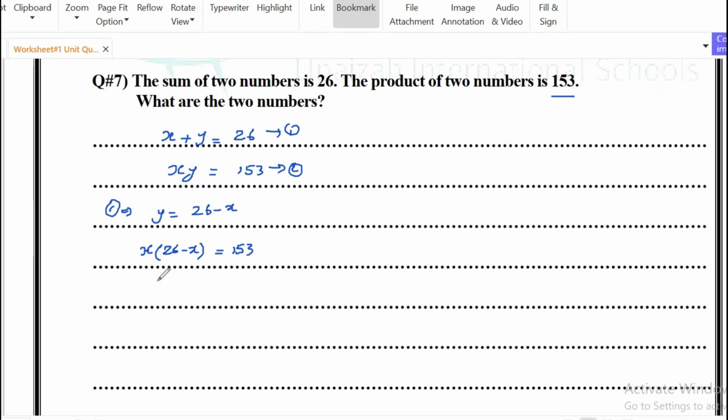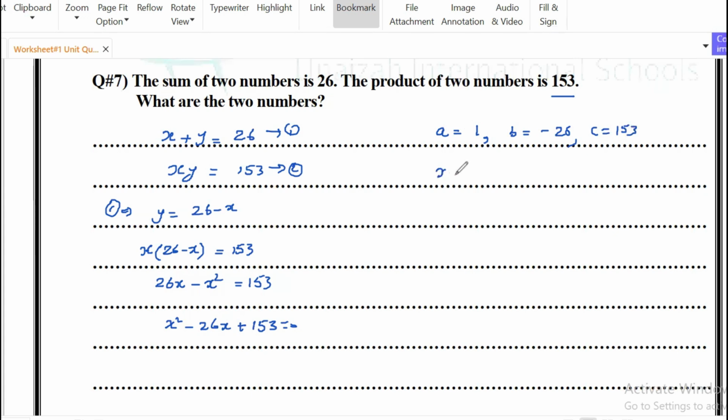And then multiply x inside, so it is 26x minus x squared is equal to 153. Take these to the other side, so x squared minus 26x plus 153 equals 0. So this is the quadratic form, and here we have a equal to 1, b equal to minus 26, and c equal to 153.